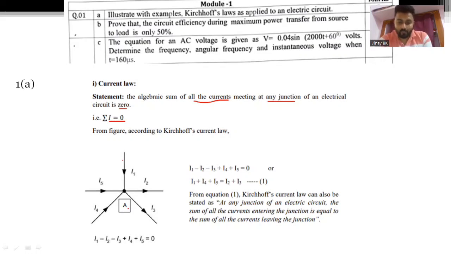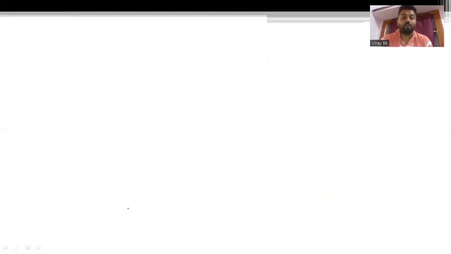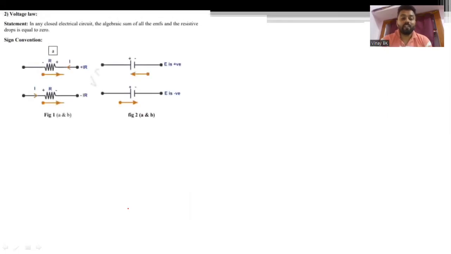Based on that, you can write one more definition: at any junction of an electric circuit, the sum of all the currents entering the junction will be equal to the sum of all the currents leaving the junction.